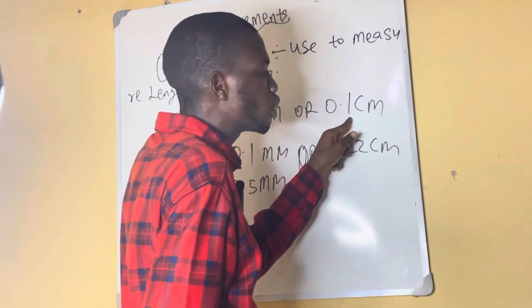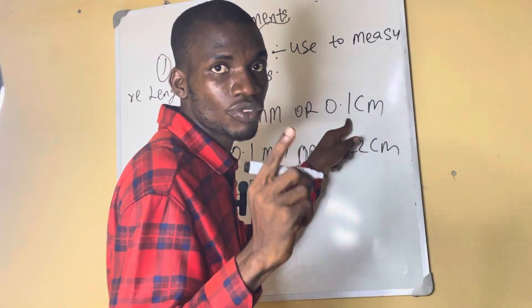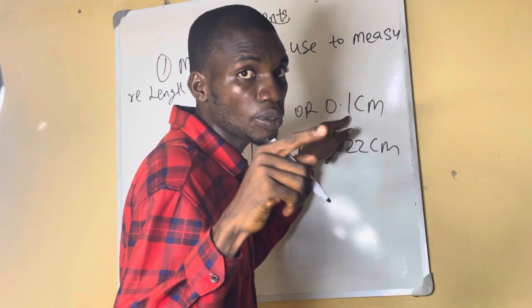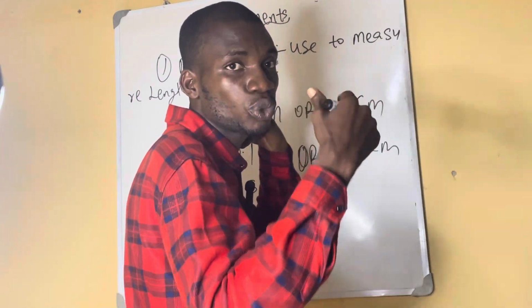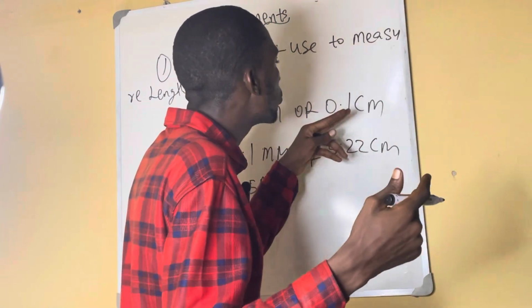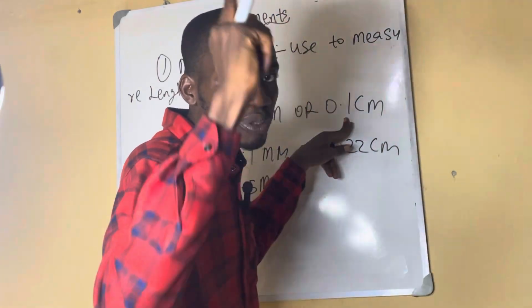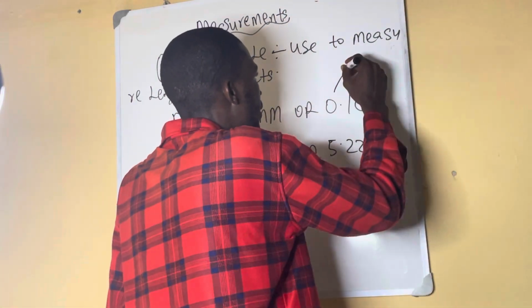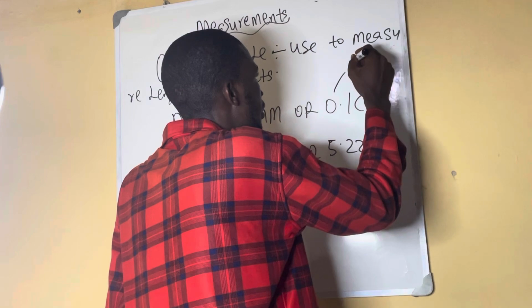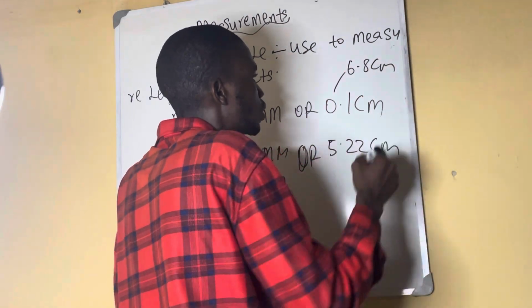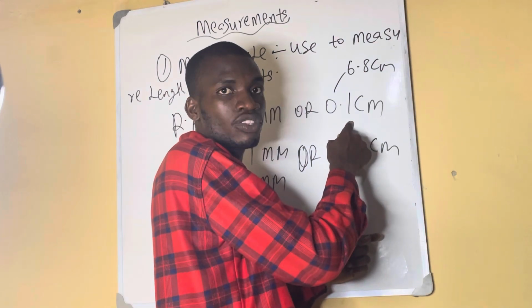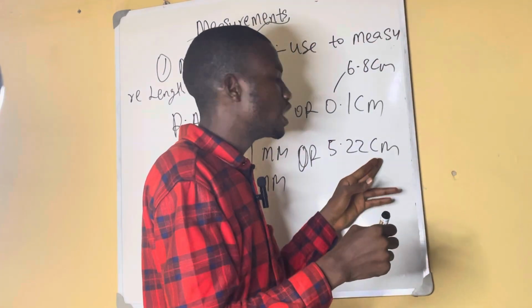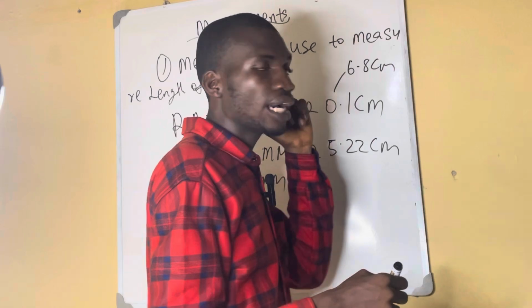It's not possible because it has only one number after the point. Your measurement should not exceed one number, then a point, then another number. Once you have two numbers after the point, it is not talking about the meter rule. For instance, it can be 6.8 centimeter.